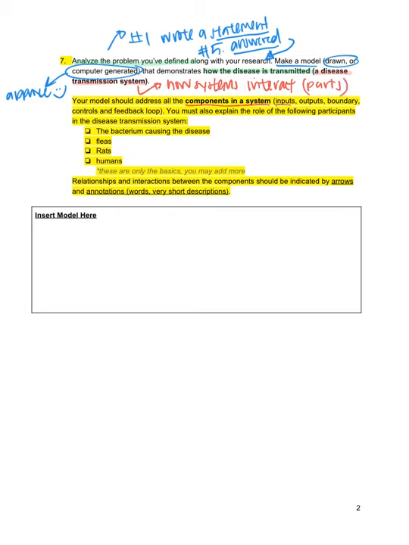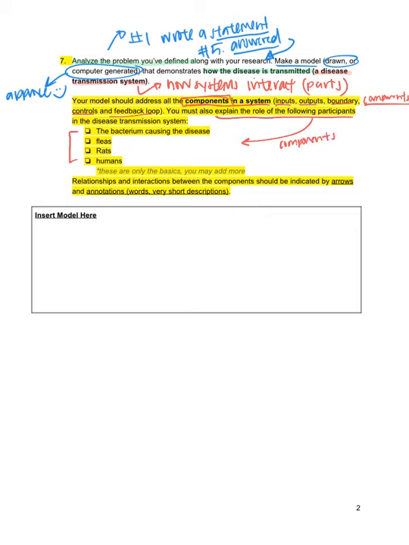Okay, inputs, outputs, boundaries, controls, feedback loops, and we're going to include components. I know here it says components, and that's a given because you already have the components provided, but those need to be shown in your model. You also must explain the role of these participants or the components in the disease transmission system.